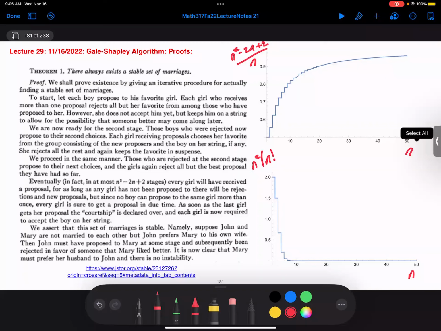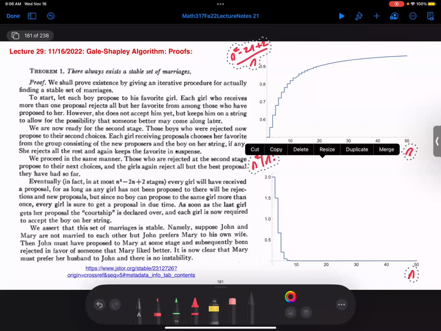If there were two separate graphs, one for n squared versus n and one for n factorial versus n, you could pretty easily discern how much faster n factorial is. But what's the difficulty? What's the problem when we're looking at this?